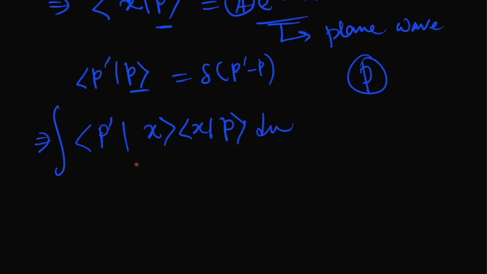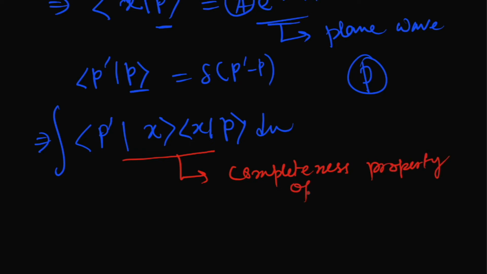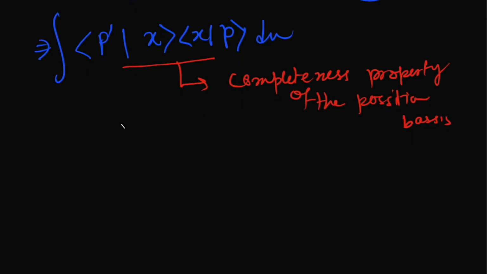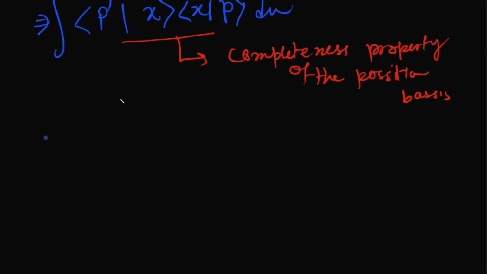Here I use another property, the completeness property of the position basis. Now what is the value of this? So let us calculate that. This will be nothing but the integration, the normalization constant's square.